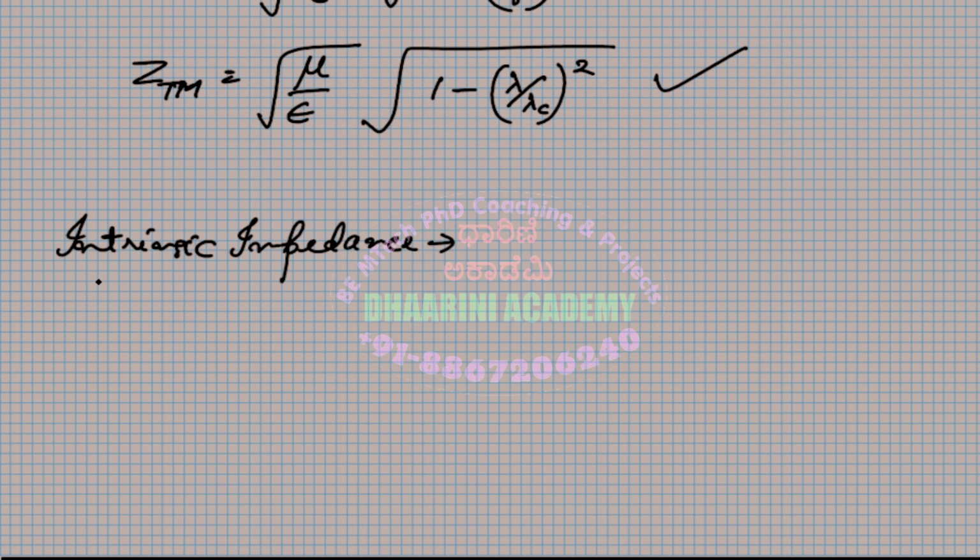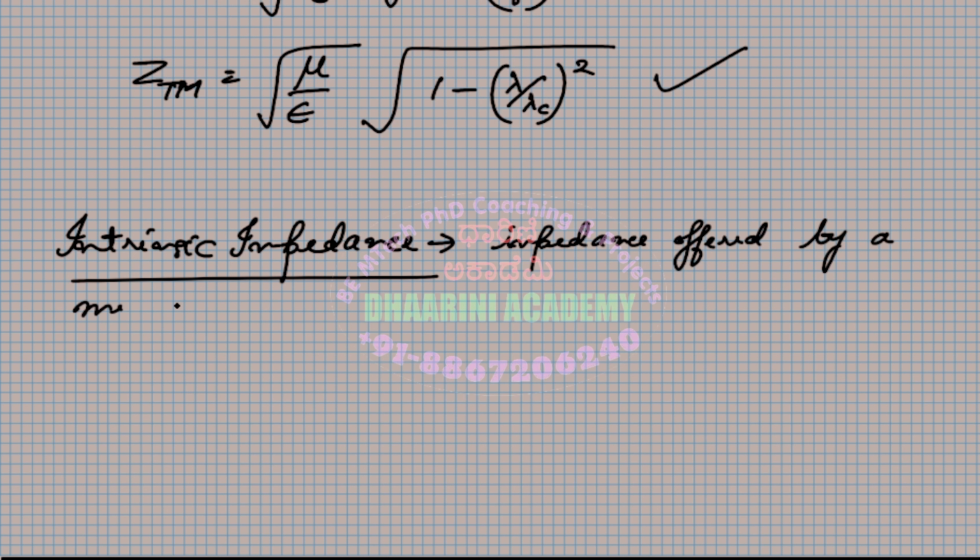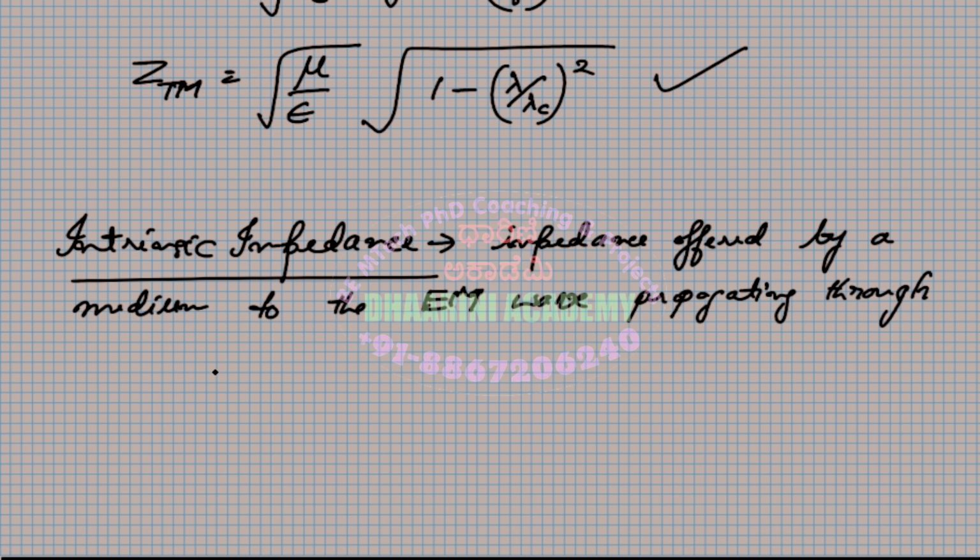The intrinsic impedance is the impedance offered by any medium to the electromagnetic wave propagating through that particular medium. Okay, so that medium, it is denoted.